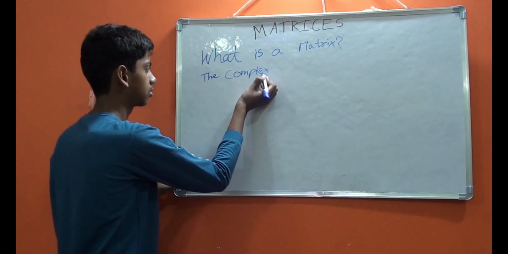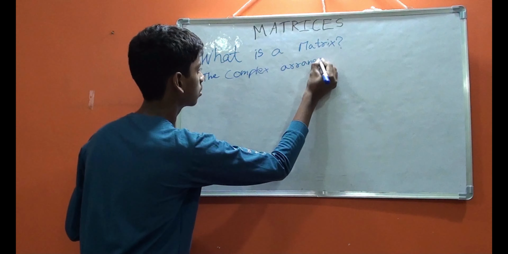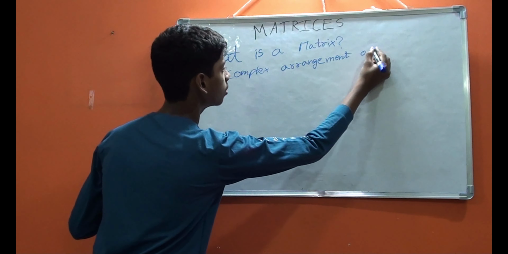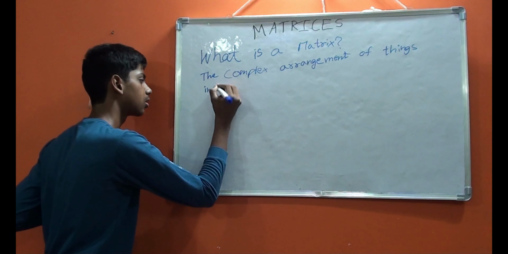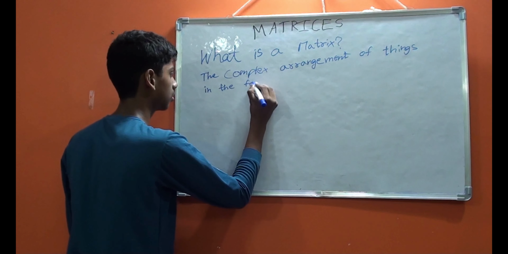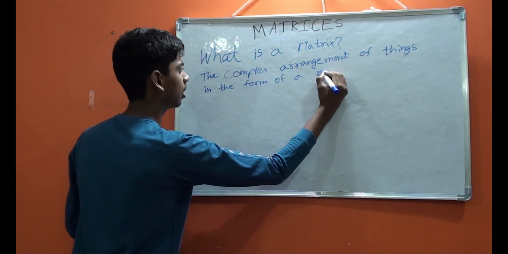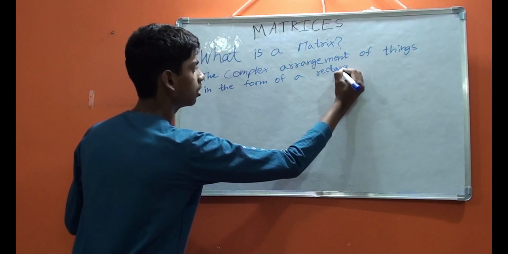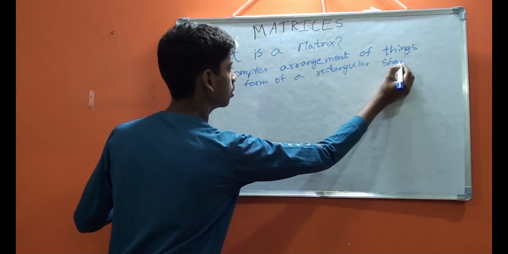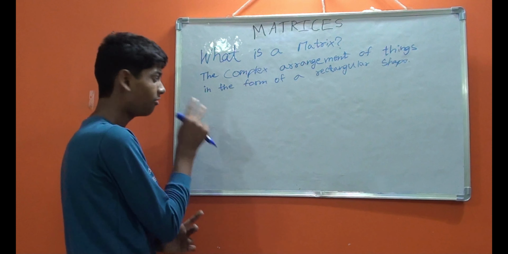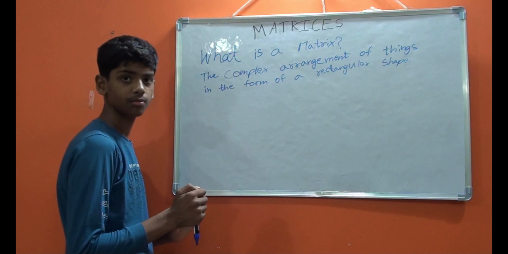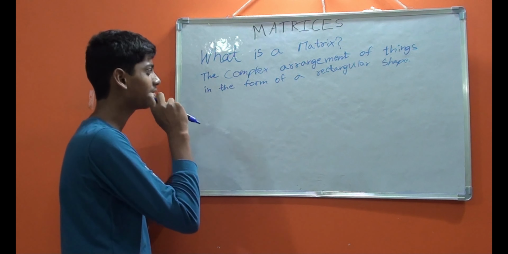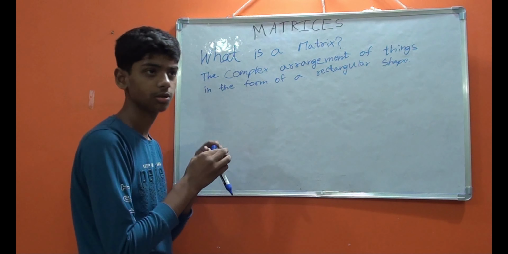The definition of matrix is the complex arrangement of things which are in the form of a rectangular shape.